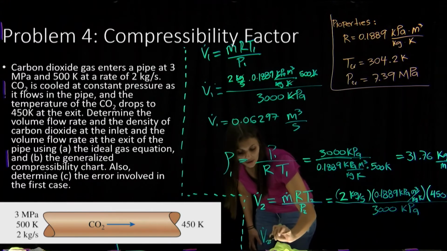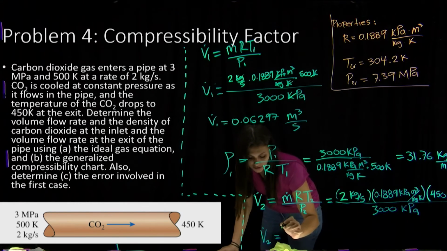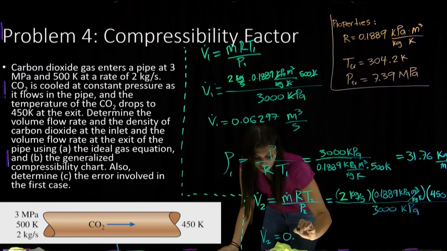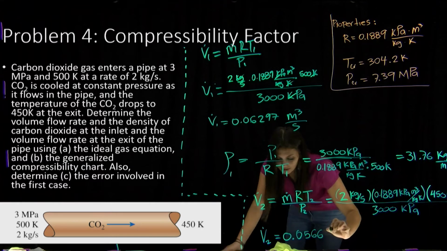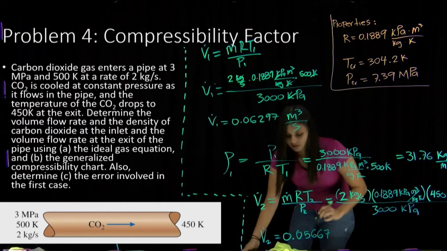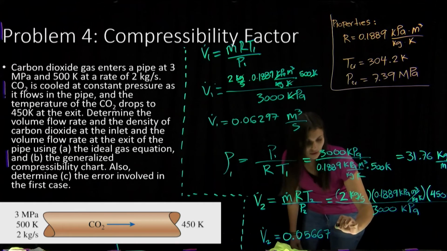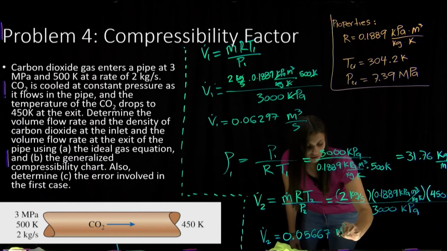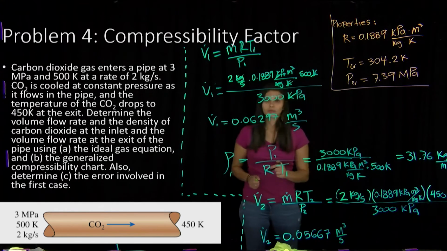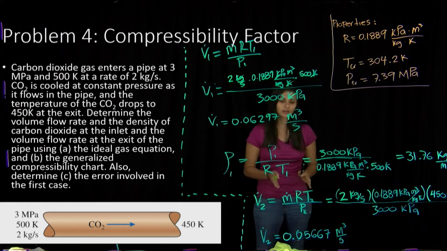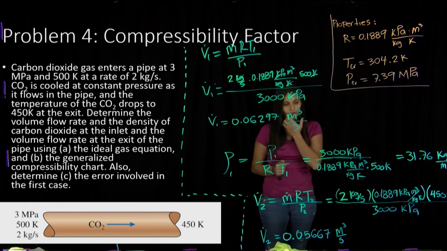So the flow rate at the outlet will be 0.056667. And this will be again cubic meters per second. Okay, so these are the calculations using the ideal gas equation.